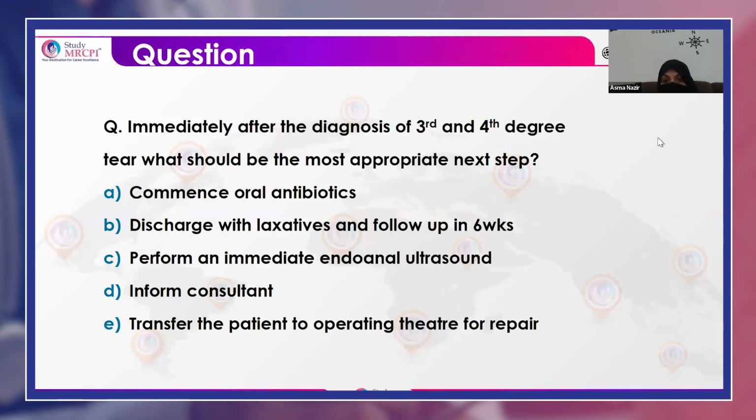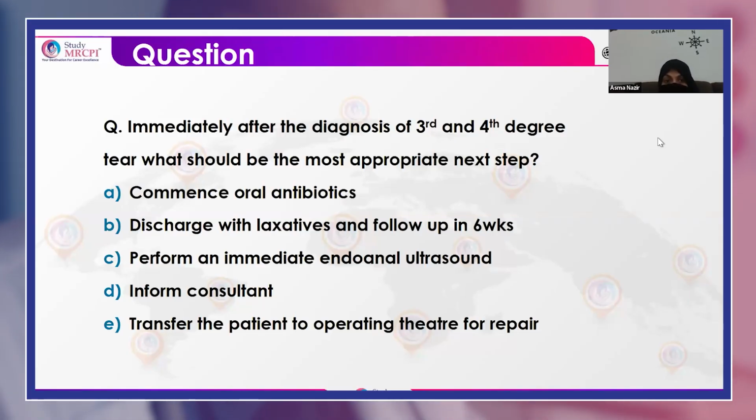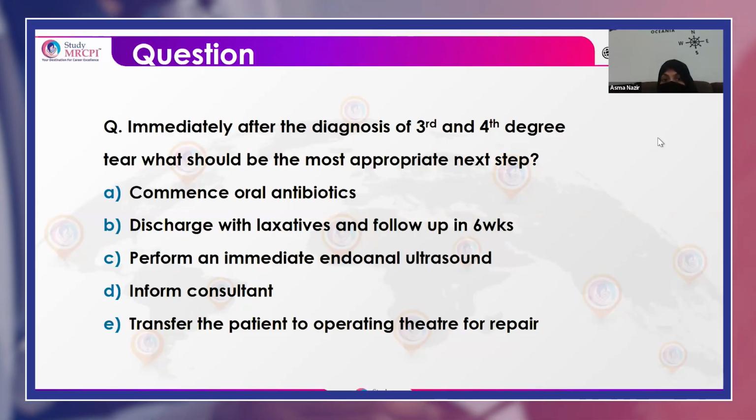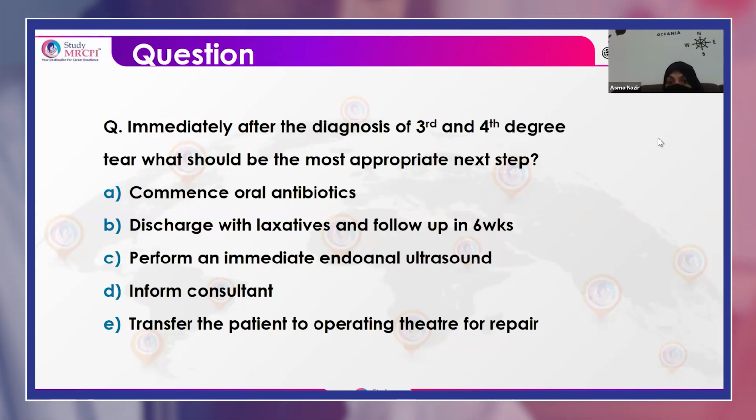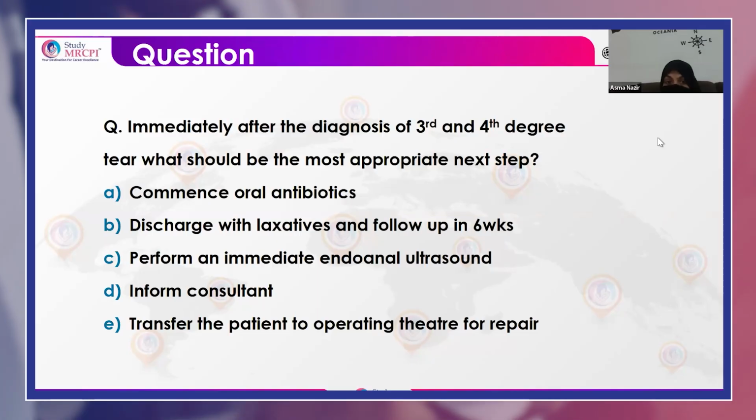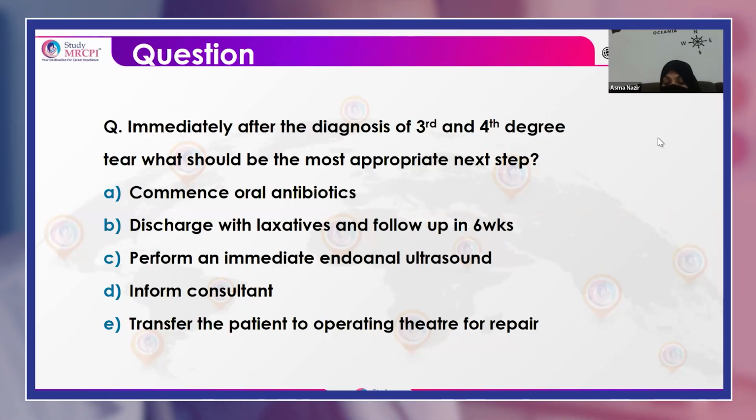You have to choose the option carefully after reading the question, when you find that the patient has a third or fourth degree tear. What do you have to do? Let's move on to the answer.